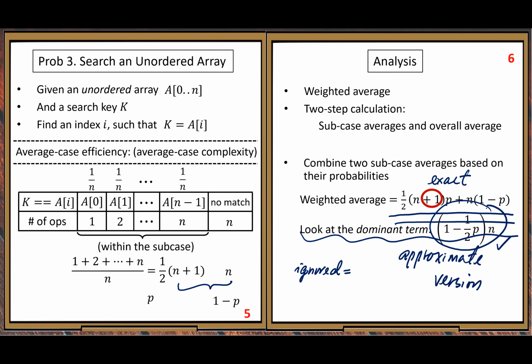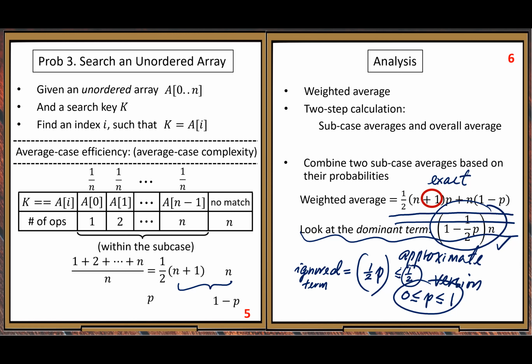The part with n, we keep it. Looking at the ignored term, it equals 1/2 P. But we know P is between 0 and 1. P is a probability, right? So this number is less than 1/2.